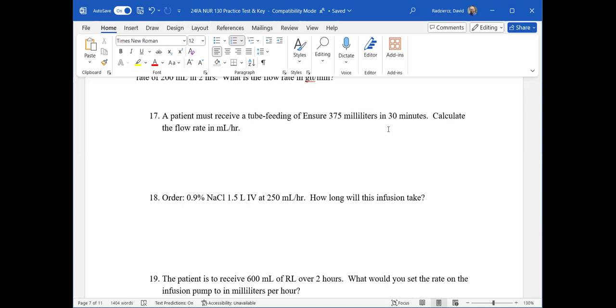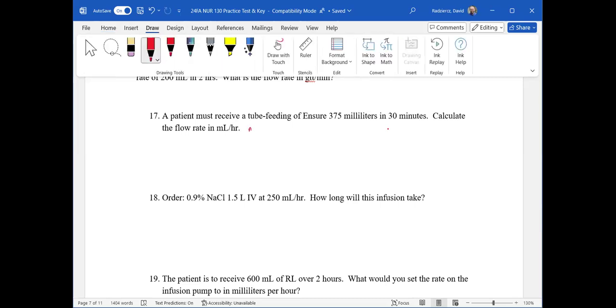In order to calculate flow rate, I need two things. I need volume in milliliters, and I need time in hours. You'll see that you have your volume and your time, but the time here is written as minutes.